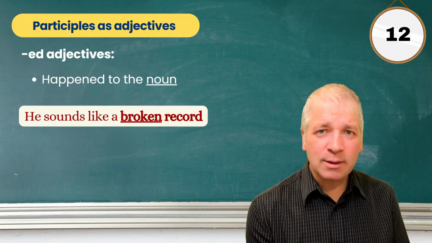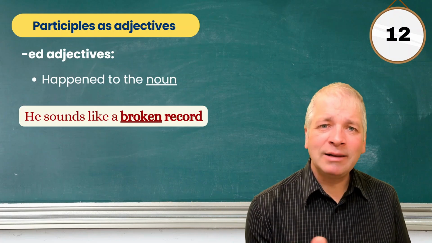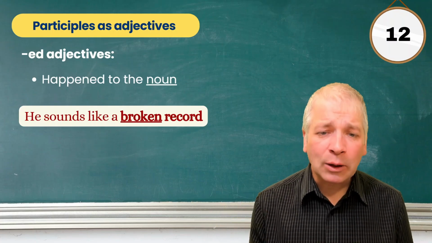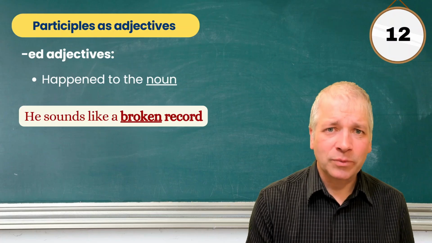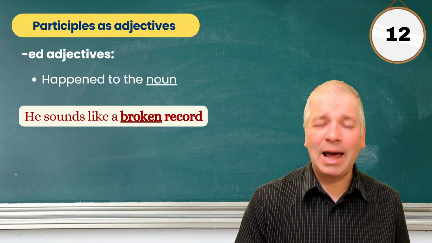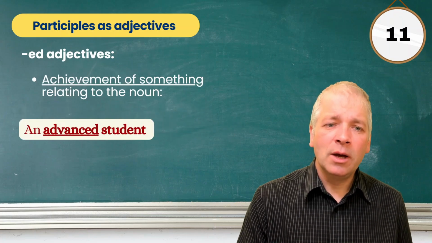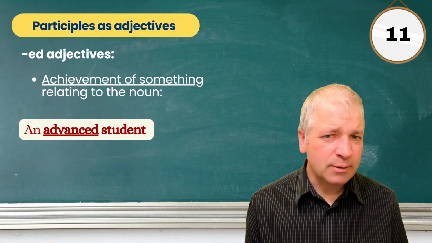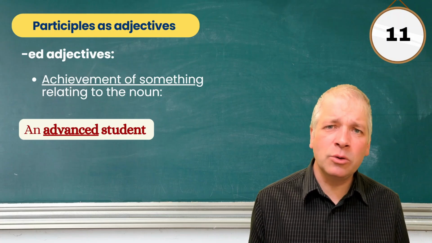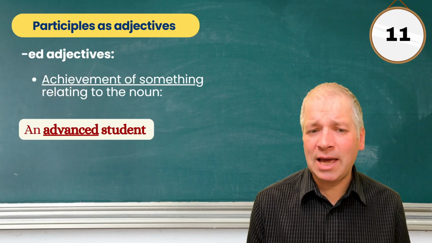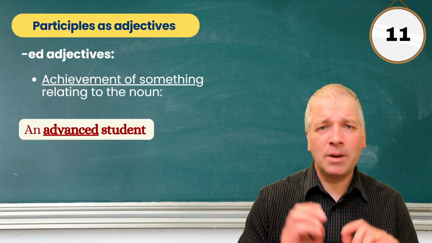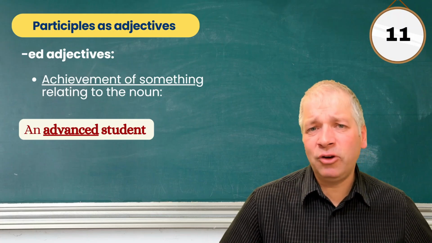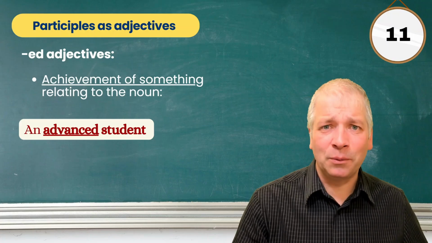But here broken is a participle, and it describes something that happened to the record. The record got broken. So it's a broken record. It happened to the noun. Another reason for using an ed adjective, that's the past participle as an adjective, is to record the achievement of something relating to the noun. Some nouns allow you to do this, such as an advanced student is a student that's reached an advanced level.